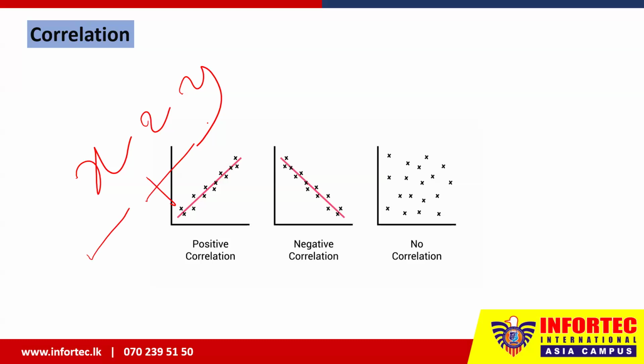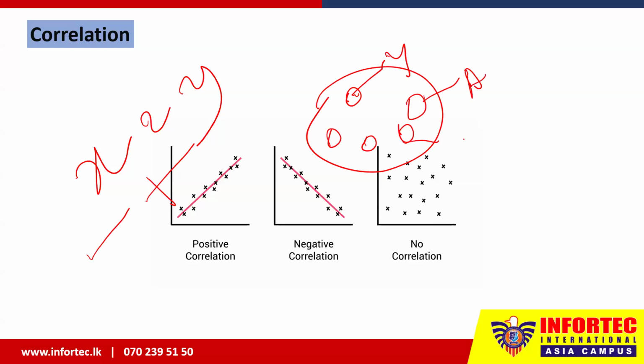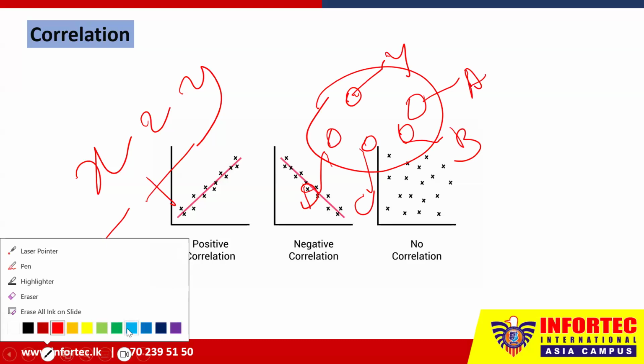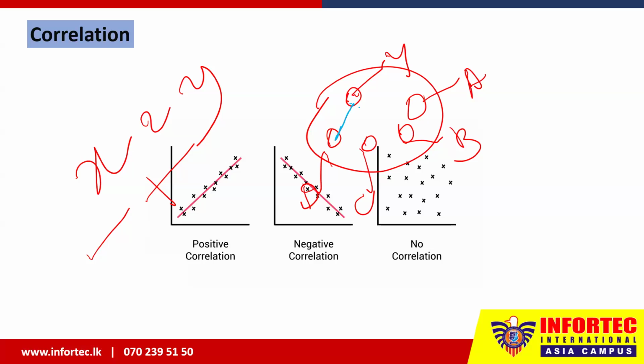Among your friends, when you are considering a particular group, this is you, and there are a few individuals like A, B, C, D. Consider the relationship between you and persons D, C, B, and A. Some are friends, and some individuals are not your friends. The positive relationship means we are considering them as friends.